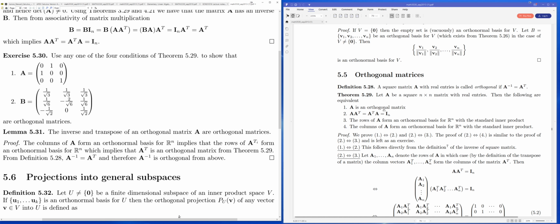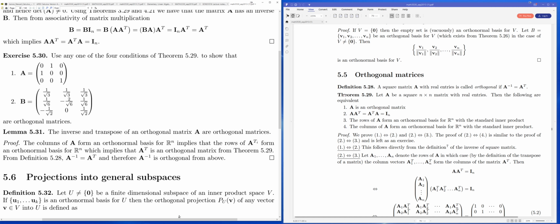If A is an orthogonal matrix, these are all equivalent, so the first statement is equivalent to the second statement, and so on. Which means that if, for example, I have a matrix that satisfies this third condition here, then that would mean that the matrix is orthogonal. And conversely, if I have an orthogonal matrix, then it always satisfies condition 3.